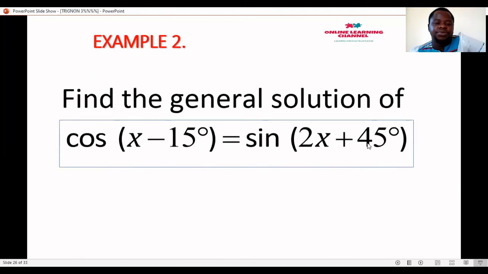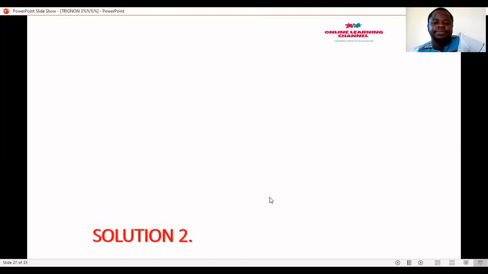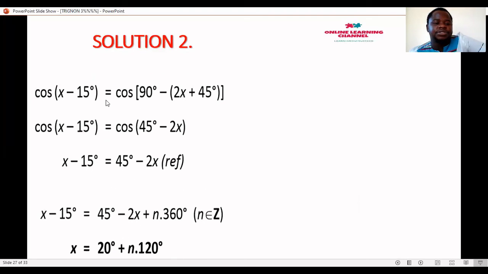So on example number 2, find the general solution of cos of x minus 15 equals sine of 2x minus 15. So here we've said that you can change into co-functions. All right, here the coefficients are the same, but the angles are different. So it should be simple.